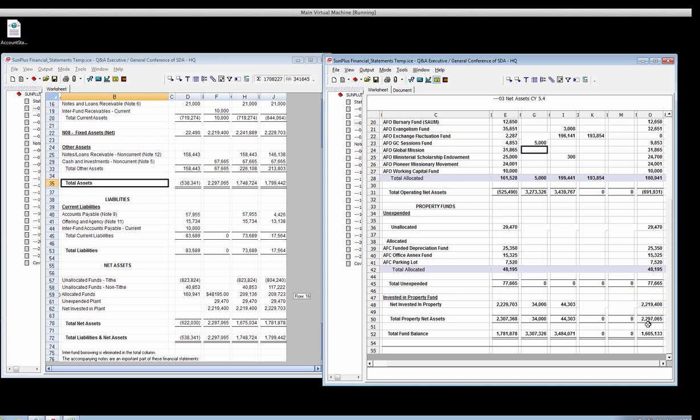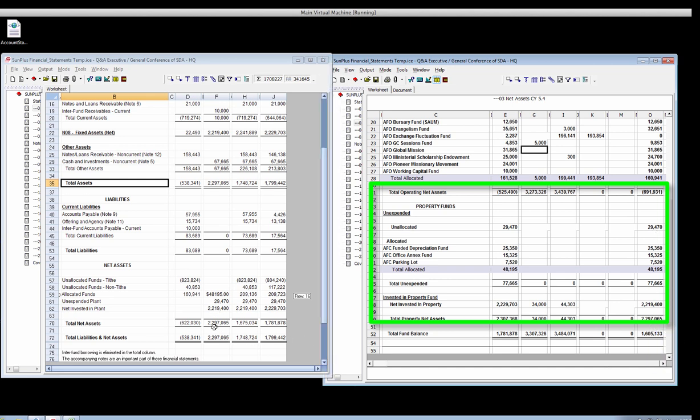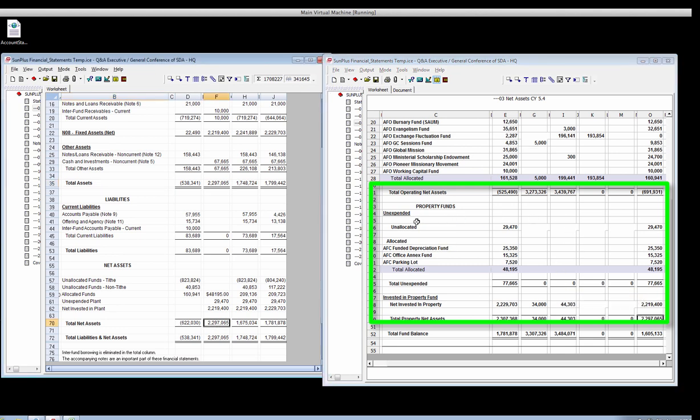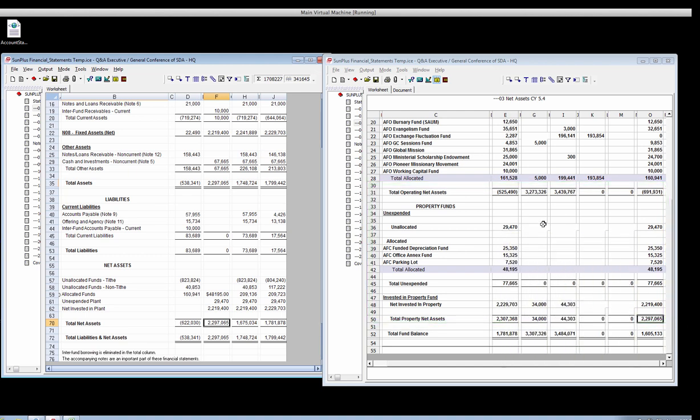Okay, and this 2,297,065 includes all of this, and since it matches the balance sheet, we can right away just say that's right. So we can right away eliminate any possibility of error in the plant fund section.